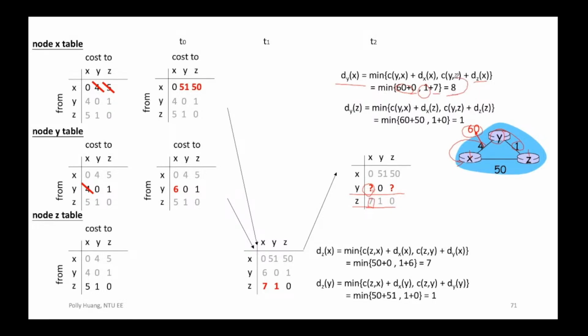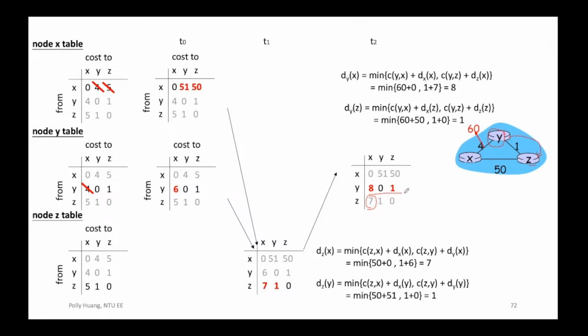So, wow, we get 8. What does that mean? Although we update the table for y so that it's 8, 0, 1, y here actually believes firmly that z is the best neighbor to forward the packet, because z knows a way which takes only 7 to go to x.